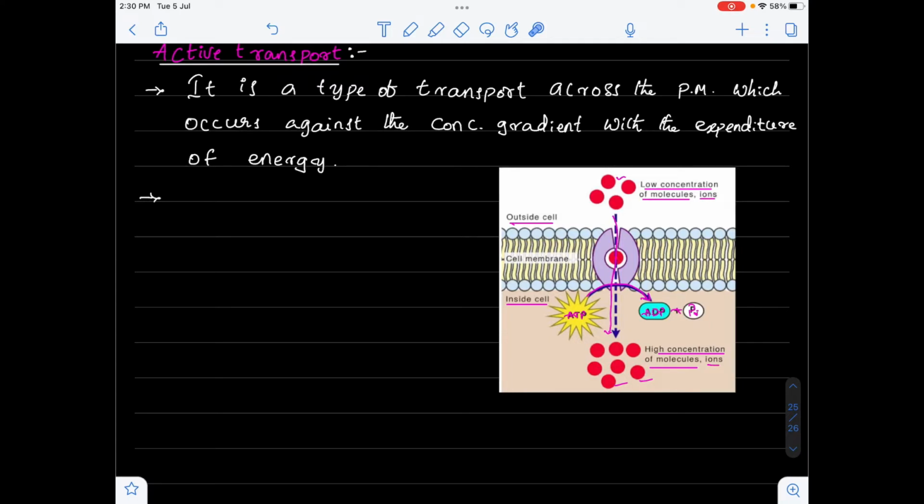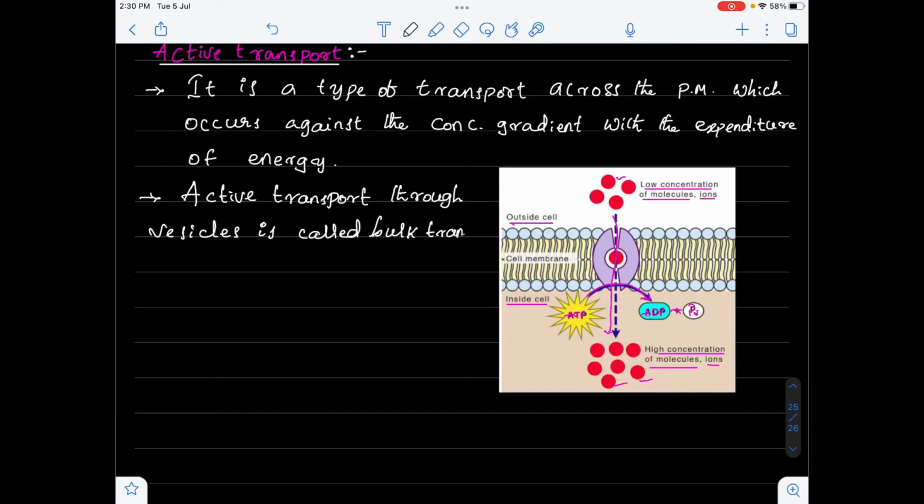Now let me write here: active transport through vesicles is called bulk transport.